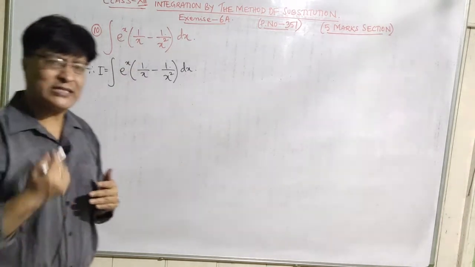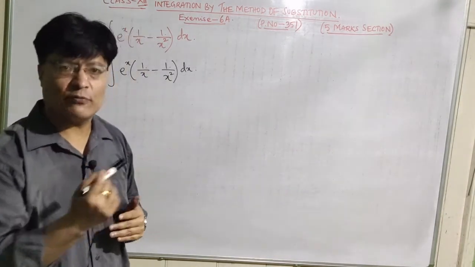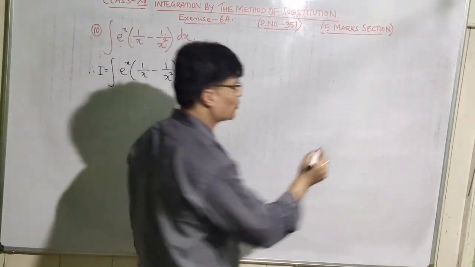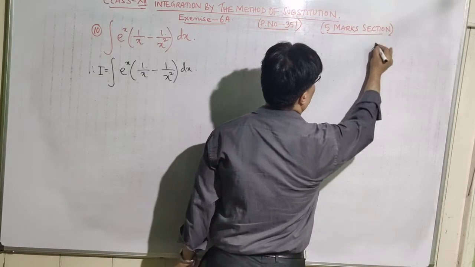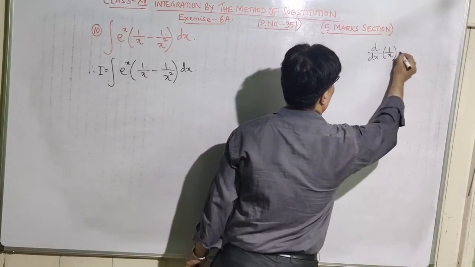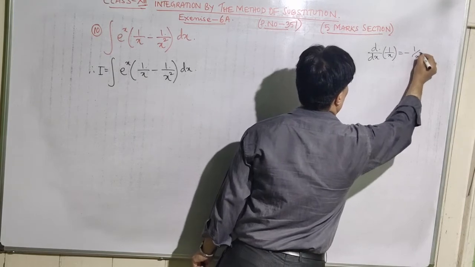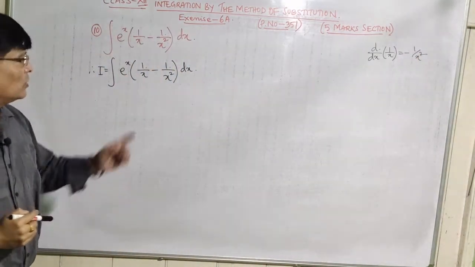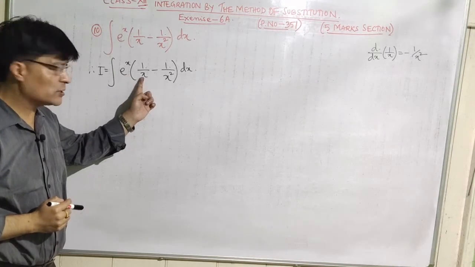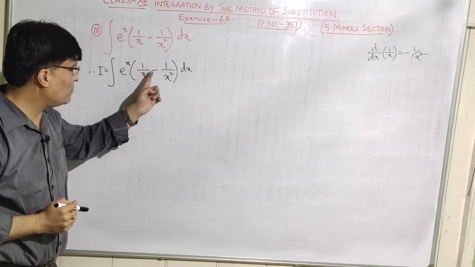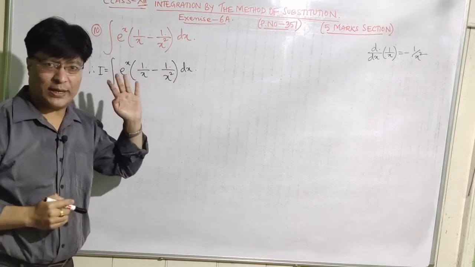I told you to write down directly the differentiation of 1 upon x with respect to x as minus 1 upon x square, isn't it? That is dy dx of 1 upon x is equal to minus 1 upon x square. So the differentiation of this first function will be the second function.